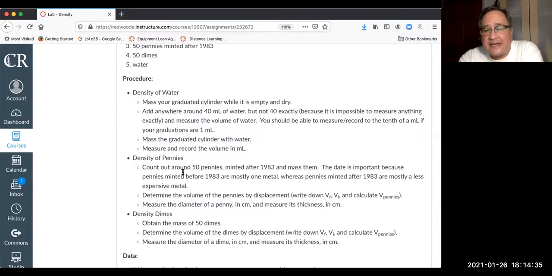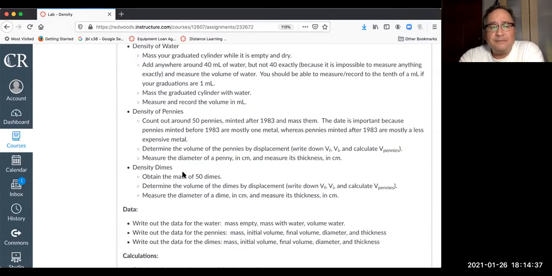And you can see that the density is very straightforward. And you'll notice I put these procedural instructions in bullet points. Oh, shoot, I already had that, so I can delete my little fourth thing there.